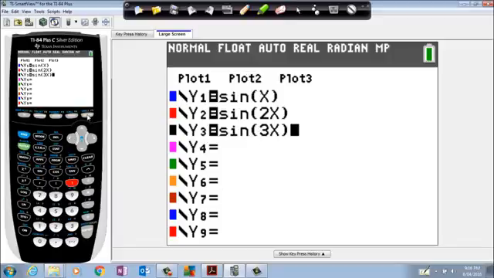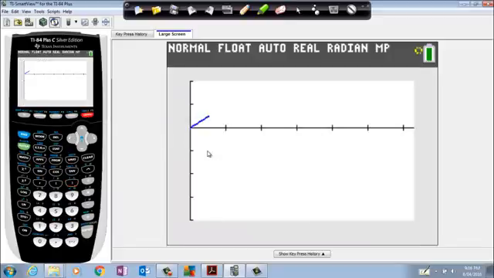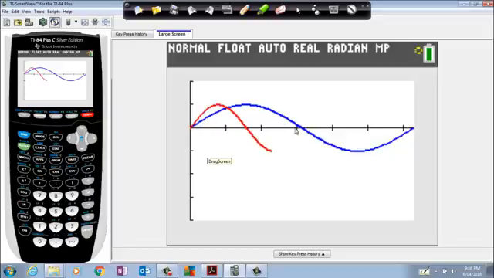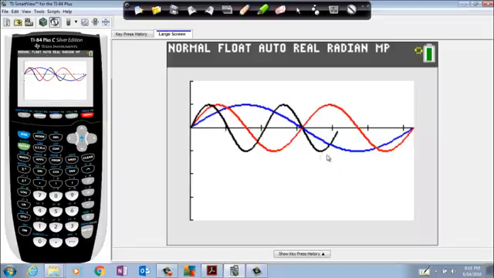So if we have a look at what this looks like, here is the sine curve. This is 2 pi for what we call the period. The period is the distance for one cycle. Now the red one has a lot shorter period and the black one has an even shorter period.